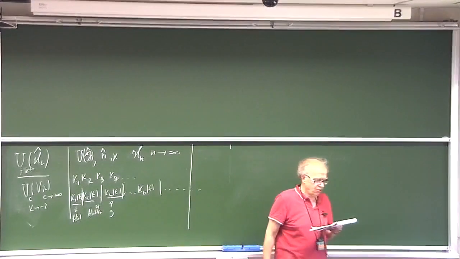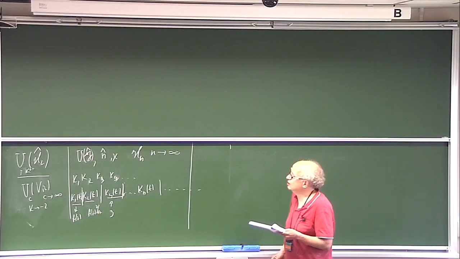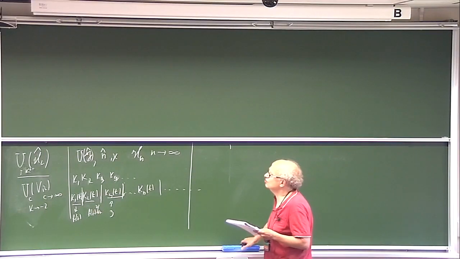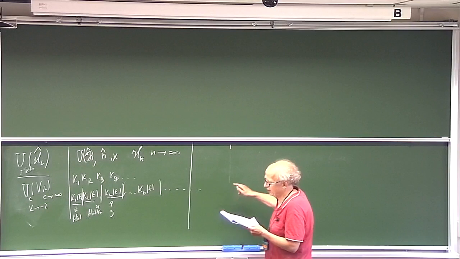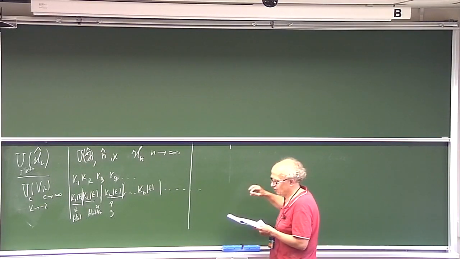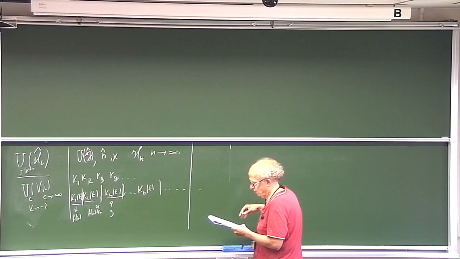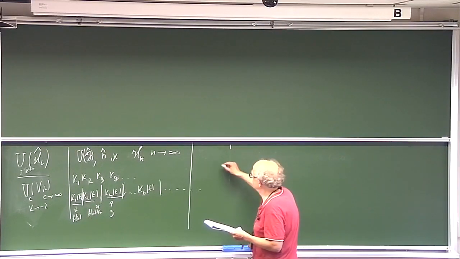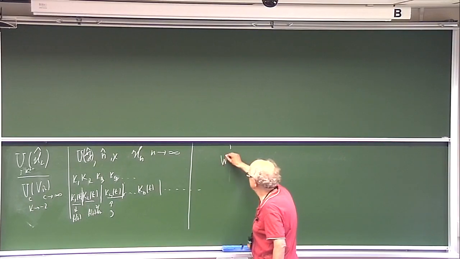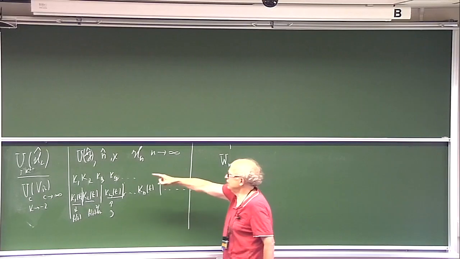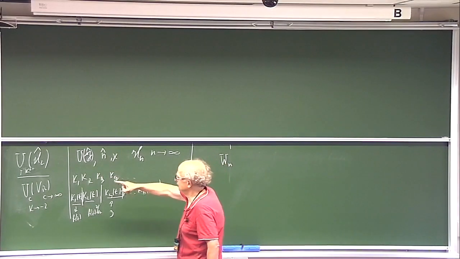No, let me say a little bit more about the situation. To explain all details is not easy, but I want to say some notation which people use for W-algebras. So again, let me add one more thing.